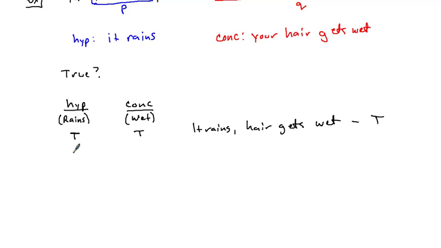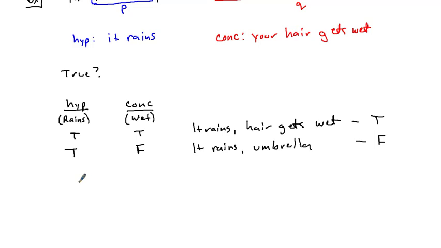But let's assume that it rains, and is there any chance that your hair wouldn't get wet, right? And so a way you can think about that is, well, it rains, but I had an umbrella. So the fact that it rained may have been true, but my hair didn't necessarily get wet. So I would be proving that statement false, right, if I had an umbrella.